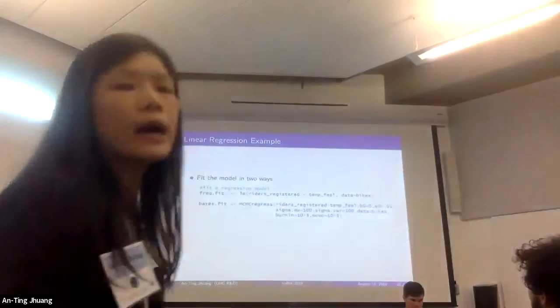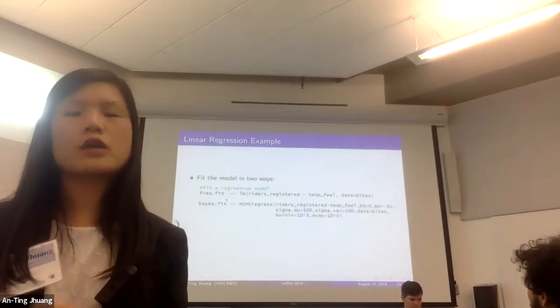Okay. So here we fit the models in 2 ways: the frequentist way and the Bayesian way. For frequentist, I don't have to mention too much. It's just a normal lm function.